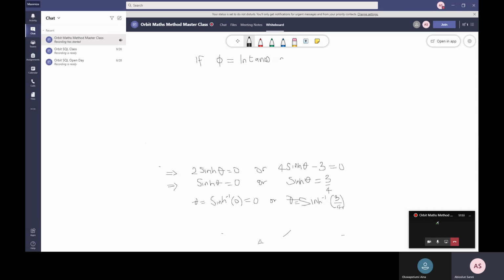If phi is equal to ln tan theta, then this is what we want to prove: tan phi is equal to minus cos 2 theta.